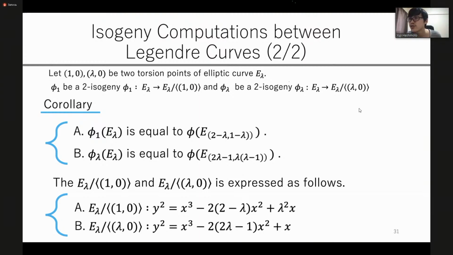By using these two facts, we can compute E over (1,0) and (lambda,0) by using phi. E_lambda over (1,0) and E_lambda over (lambda,0) are expressed as follows.